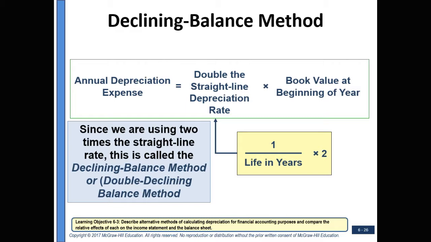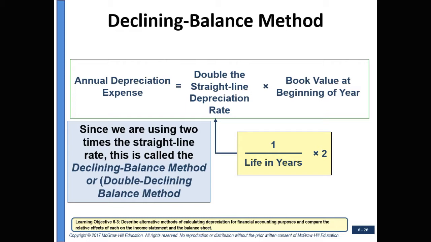We're going to begin talking about some of the accelerated methods. These are methods in which depreciation is higher in earlier years and lower in later years. One of those accelerated depreciation methods is the declining balance method. The declining balance method calculates the depreciation expense at double the straight line depreciation rate.